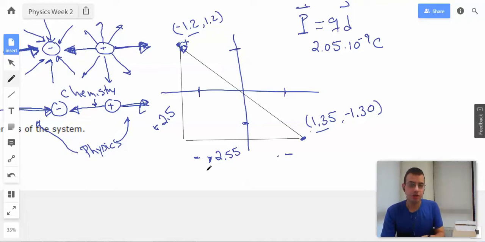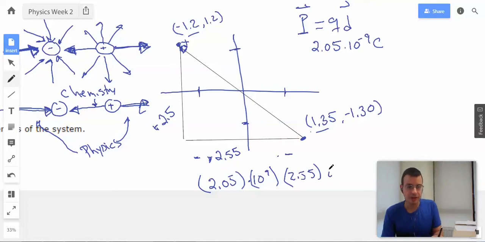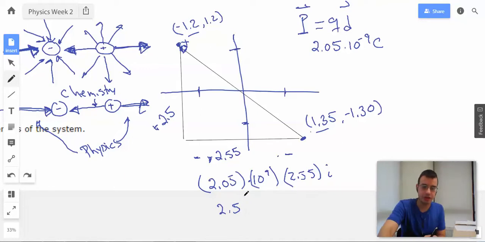So then we're going to do 2.05, which is the charge, times 10 to the 9th, times, and I'm going to do x first, 2.55, and that'll be the I direction. And then we'll do 2.5, and I'm going to do the charge first again, just to stay consistent.